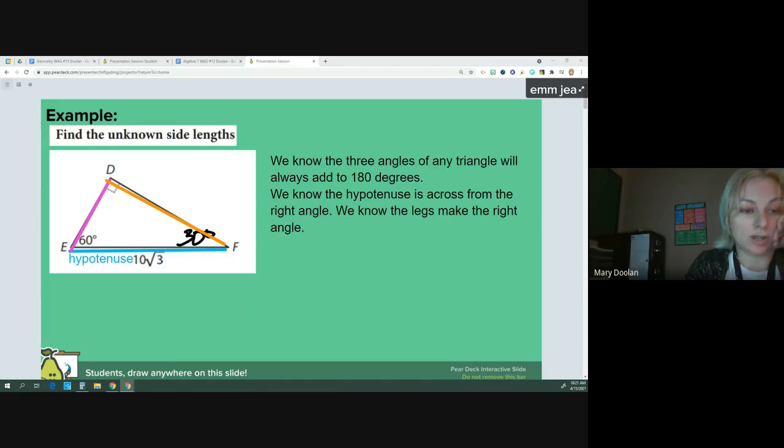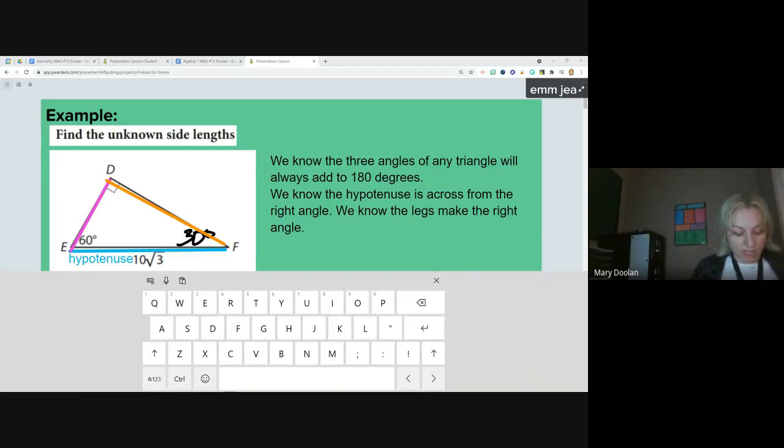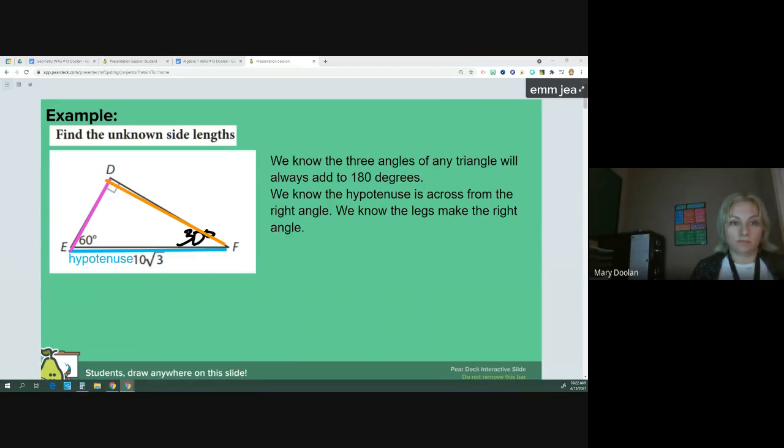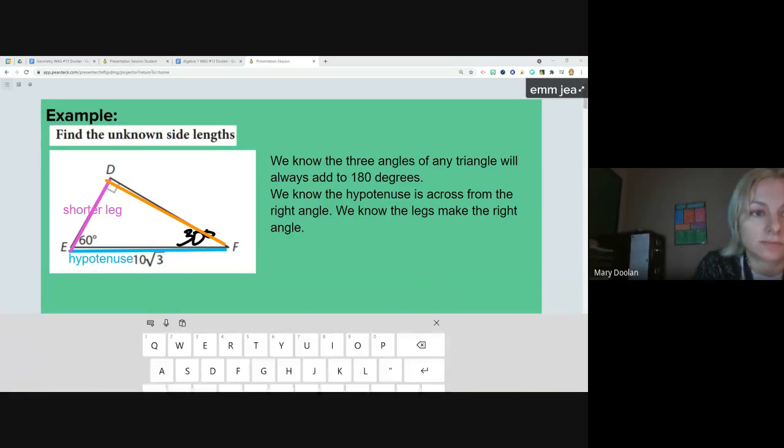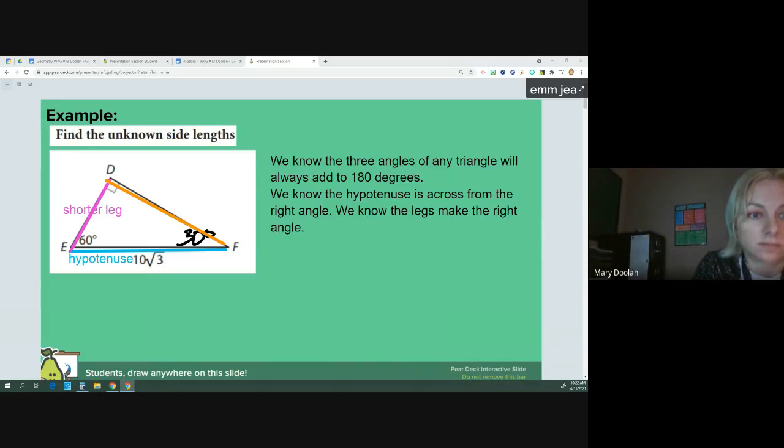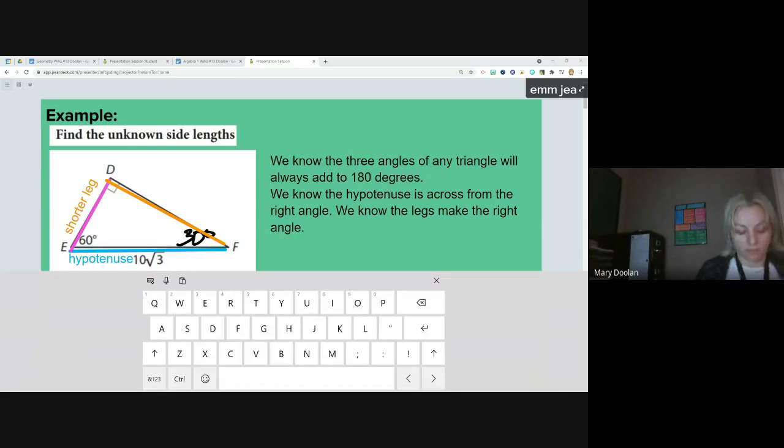One is shorter and one is longer, and so we could label them as such. This one's the shorter leg. And I have the longer leg.